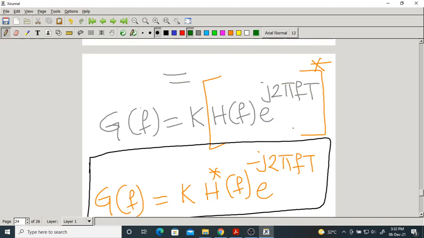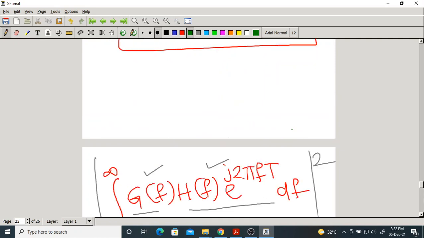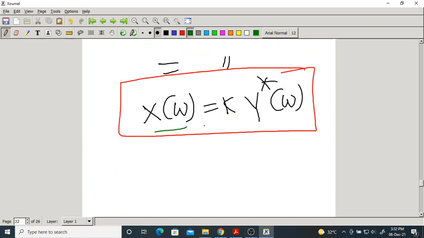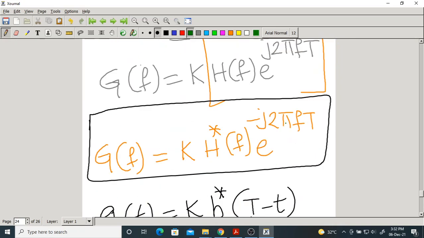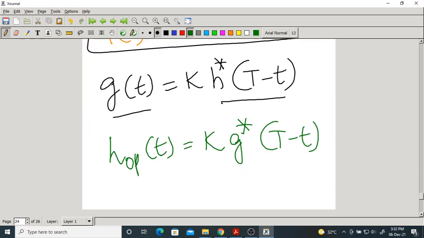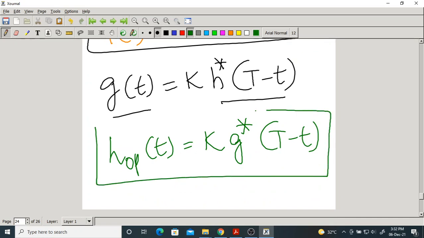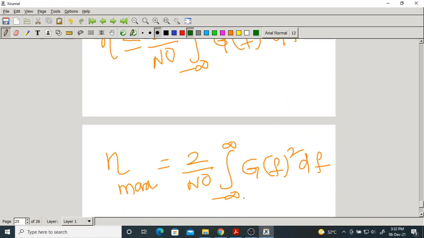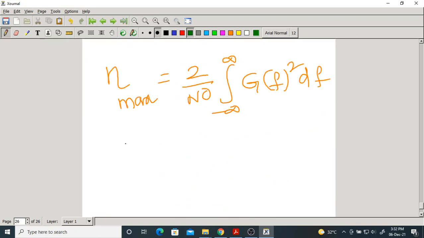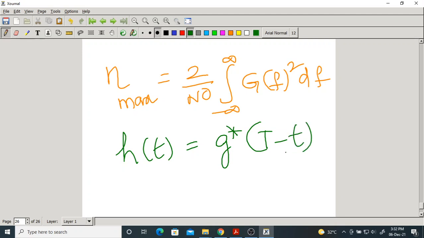Either way you can write it, because x of omega and y of omega can be chosen differently. Here what is unknown is h of t, so it should be written in the form of g of t. Either formula is good. K is an arbitrary constant; generally we take k equal to 1. So it is possible if and only if h of t equals g conjugate of capital T minus t.